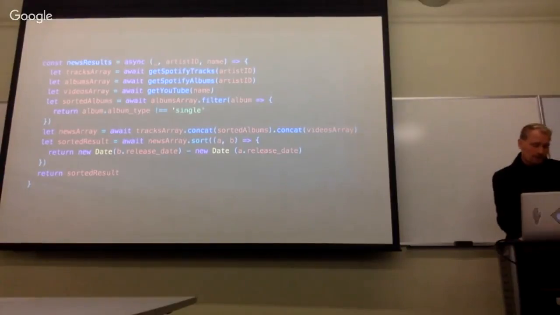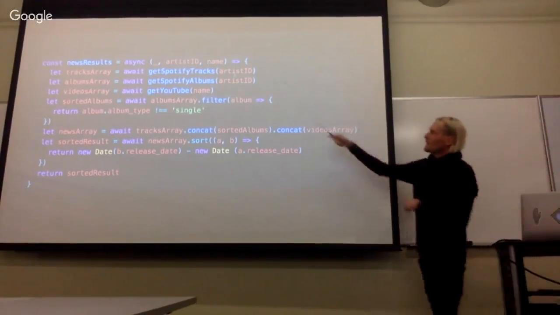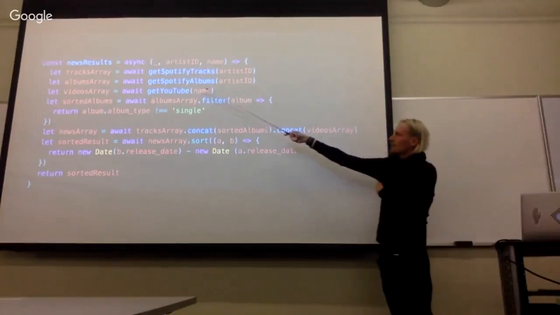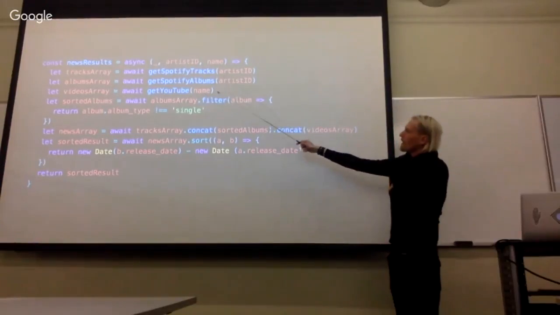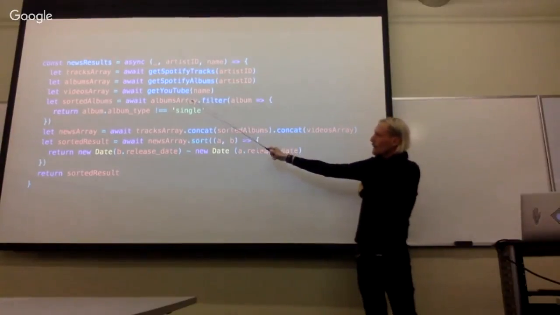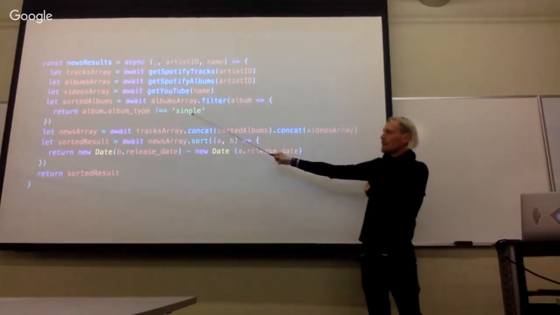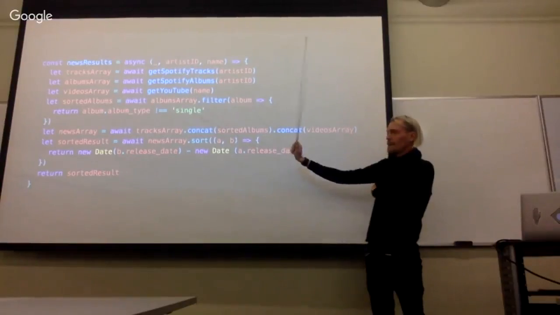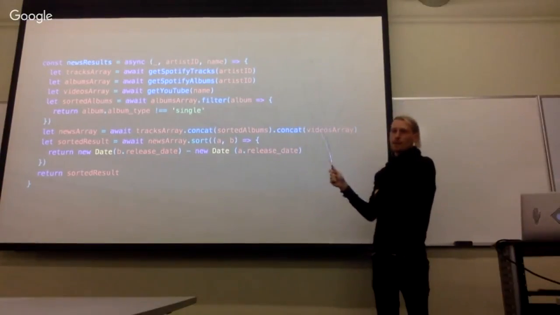So when you're searching for an artist, it searches that name on Spotify, returns the artist ID, and then it passes the artist ID into these functions, and then searches YouTube for that artist's name, and then it filters all the albums that come back for single and takes out any album that's a single because that would also be a track on Spotify, and so it would be a duplicate.